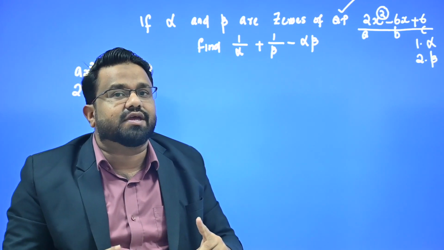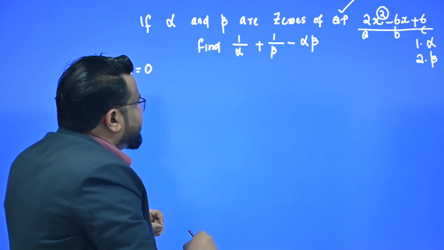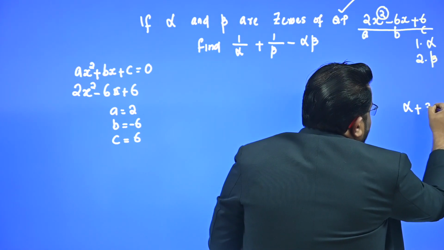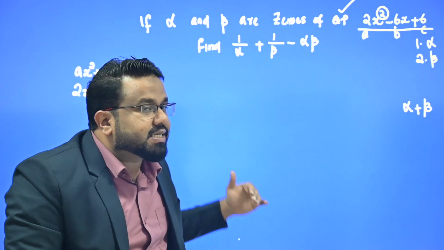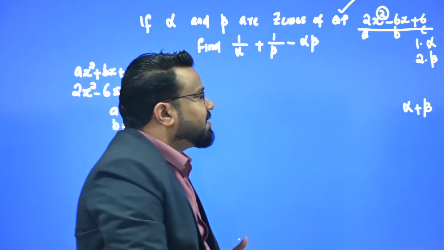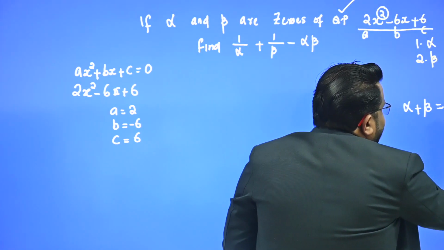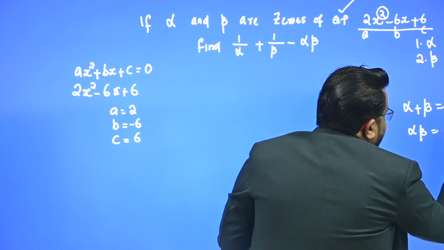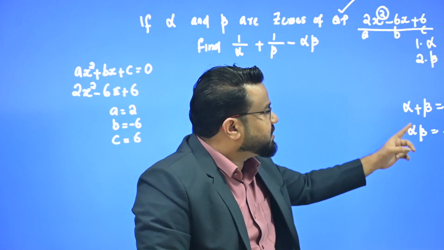Alpha plus beta is equal to minus b by a. Similarly, alpha into beta is equal to c by a.